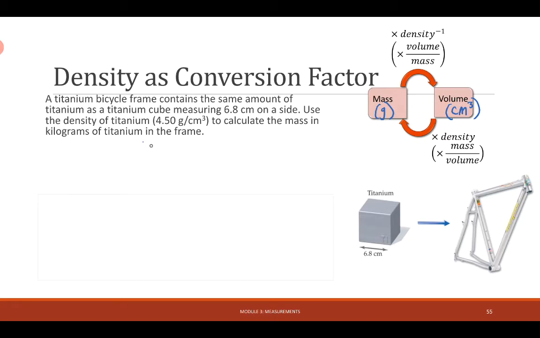So I have to use volume, and so volume will be my side length, and it's a cube, so all sides are the same length. So length times width times height are all the same. It's not cubed yet. Getting ahead of myself.